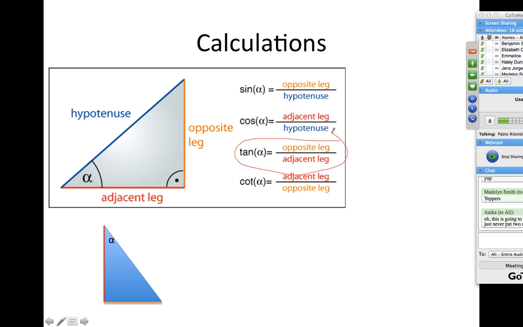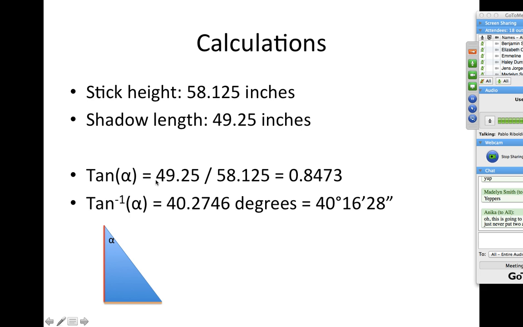So 49 and a quarter divided by 58 and 1/8 gives me that the tangent is 0.8473. Now I use the inverse relationship of the tangent to find the measurement of the alpha angle.